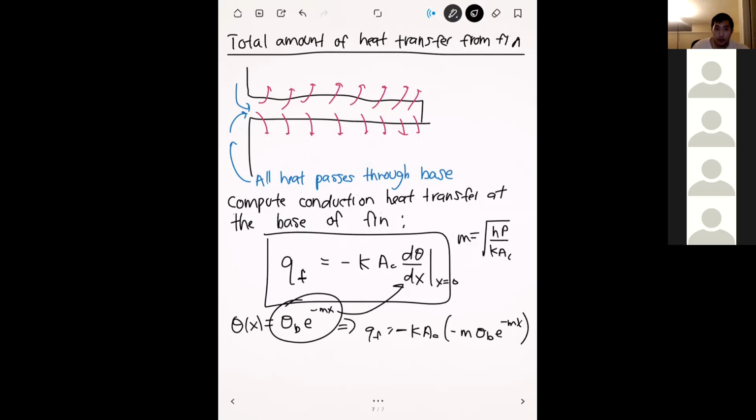If we plug all that in and cancel out a bunch of these terms, these negatives are going to cancel. We're going to evaluate this at x equal to 0, so this ends up being 1. Then what we get for Qf for condition 4 is the square root of hPkAc times theta b.